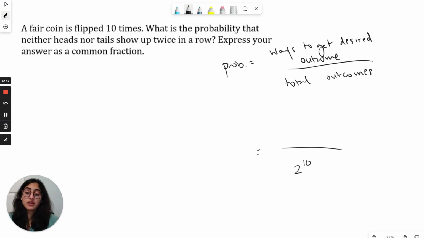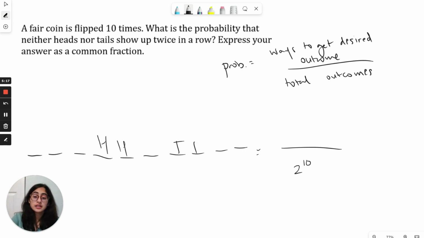So let me just write out little boxes, 10 of them. And we're just trying to see how many ways we can flip this coin so that neither heads nor tails shows up twice in a row. If neither of them can show up twice in a row, that means that these faces must be alternating.